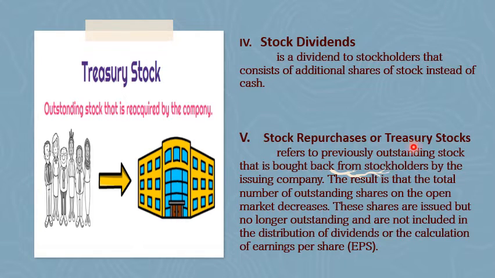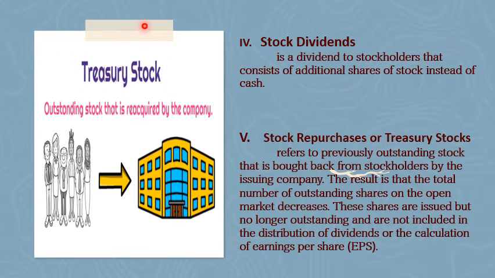Why? Because when you say treasury stocks, for example, the company will issue or authorize 10,000 shares to the public. Then the public will buy from that company. For example, let's say 9,000 shares were issued and outstanding. So these 9,000 shares are now owned by the public. And if the company decides to buy back those shares from the shareholders, then that will now be called the treasury stock.